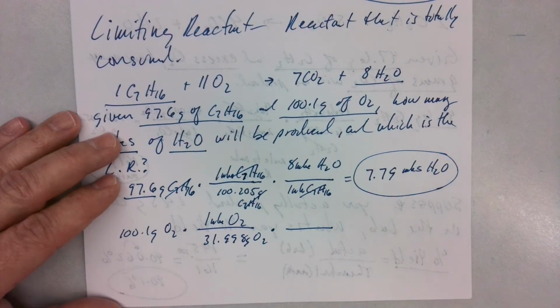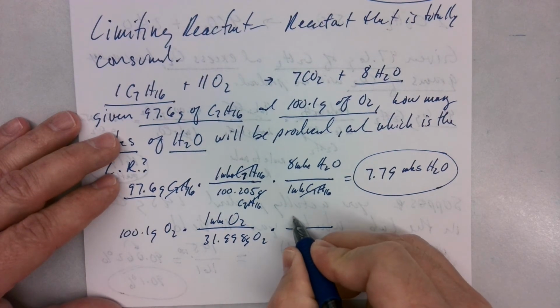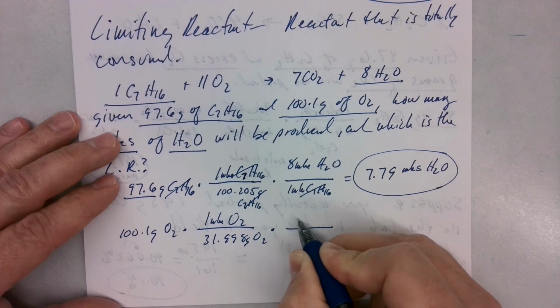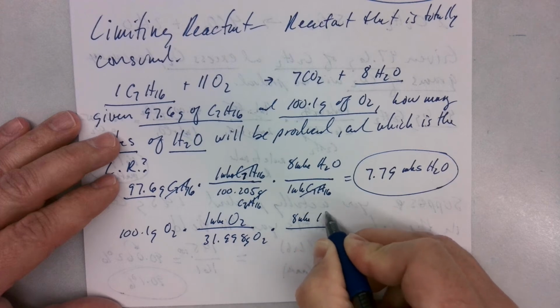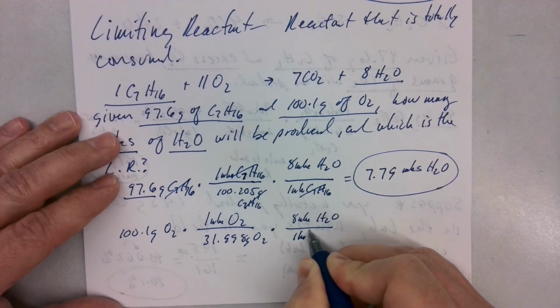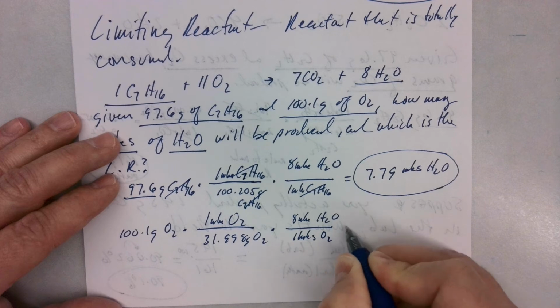Which is now 1 to 11? 8 over 11? So it's 8 moles of H2O for every 11 moles of O2, right?